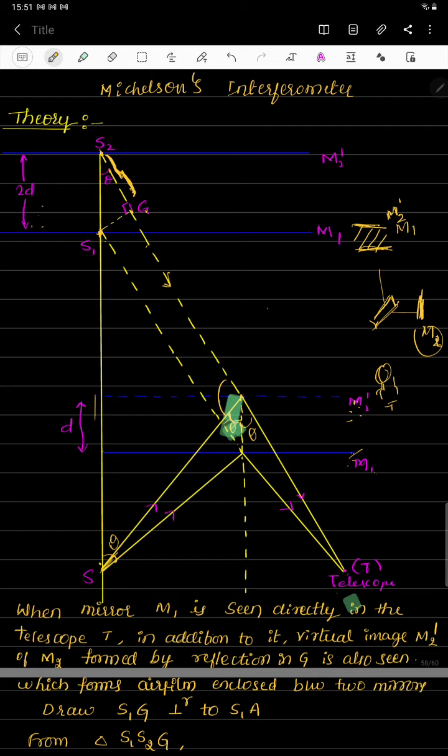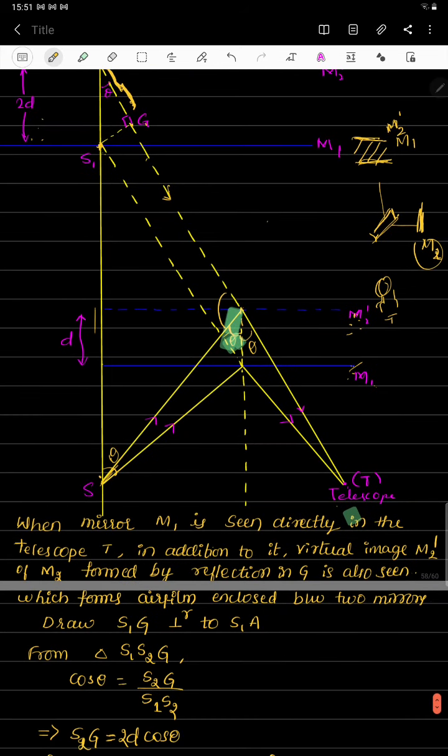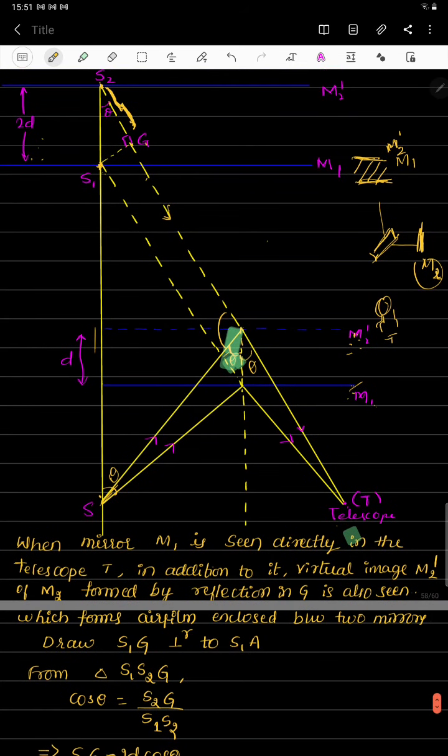So now, in order to find the path difference between the two reflected rays, that is S2G, consider the triangle S1 S2 G. From the triangle S1 S2 G, we can write cos theta is equal to S2G divided by S1 S2, because for this angle, this will be the adjacent side and S1 S2 will be the hypotenuse.